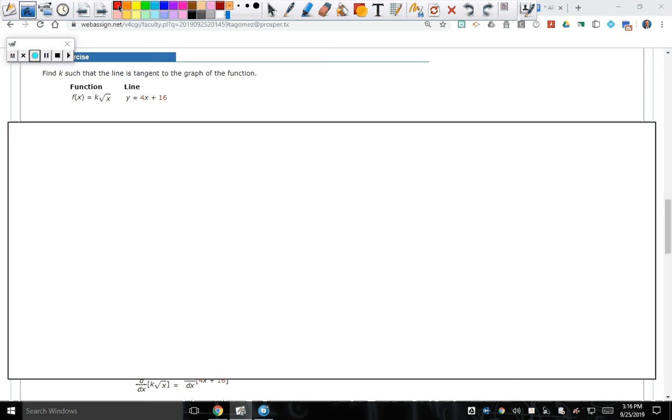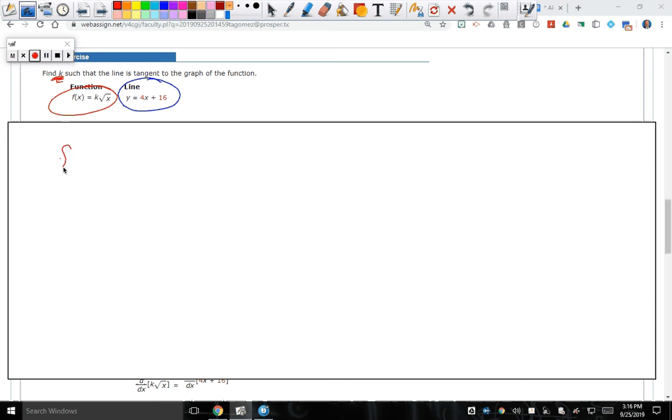Alright, our second example, we're trying to find k such that the line is tangent to the graph of the function. So this is my function, okay? And this is my line, and I'm going to borrow different things from both of them to find k ultimately, okay? Here we go.